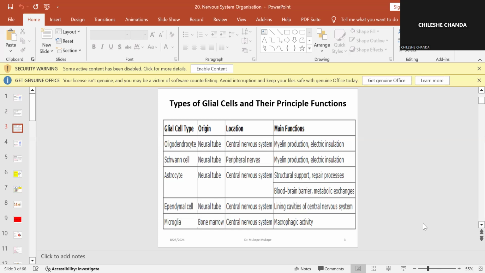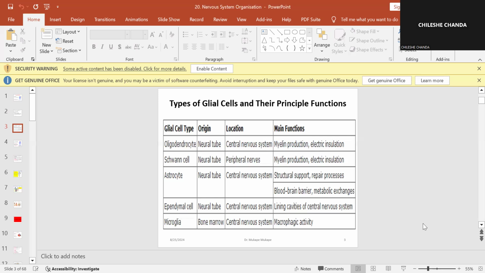These are also derived from the neural tube, which, like I said initially, comes from the ectoderm. They are also found in the central nervous system, where they line the cavities, the ventricles of the brain, and so they produce cerebrospinal fluid.